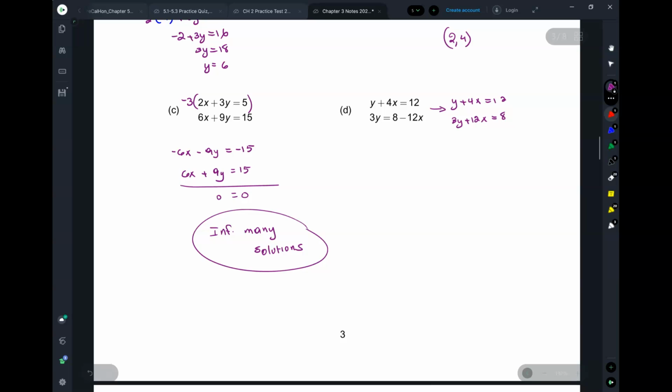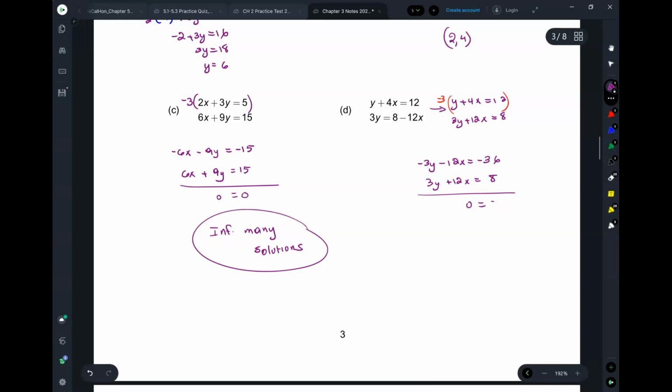Now, what can we multiply the first equation by? Negative 3. So now we get negative 3y minus 12x equal to negative 36. 3y plus 12x equal to 8. Add them. Left side, what do I get? 0. Right side?